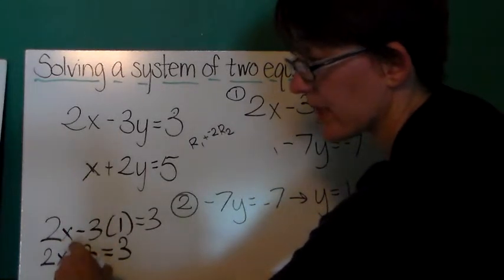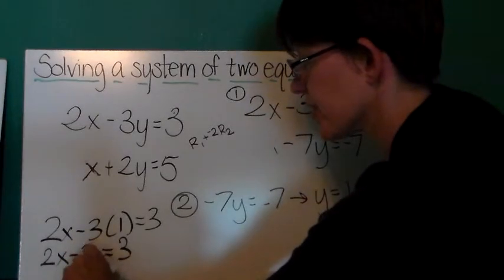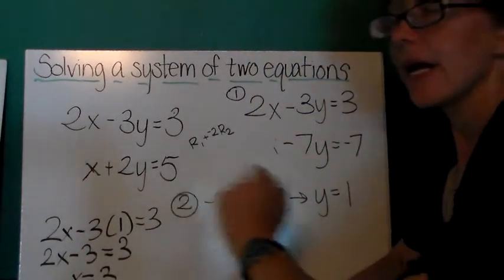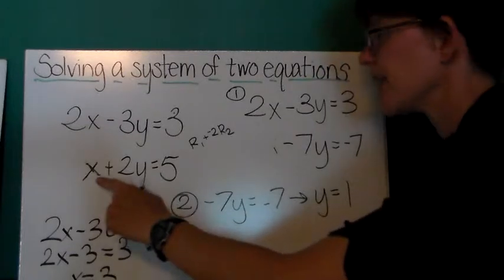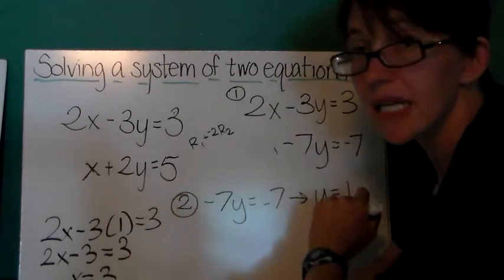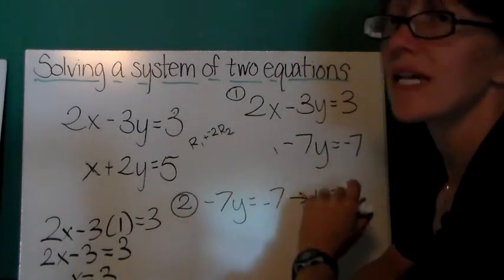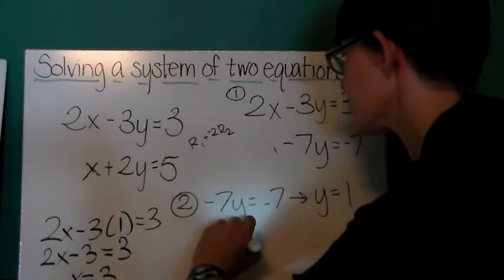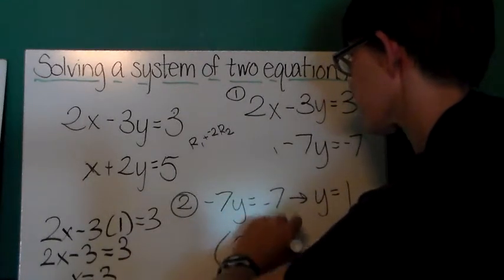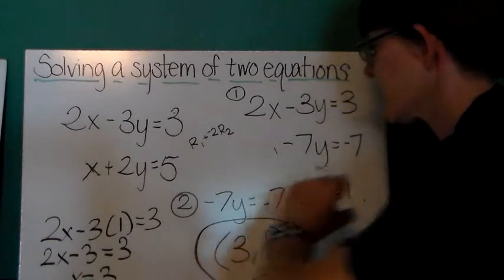Adding to both sides, I get 2x equals 6, or x equals 3. And now I can check: 3 plus 2 times 1 is indeed equal to 5. So this is a solution of the system. My solution point is (3, 1).